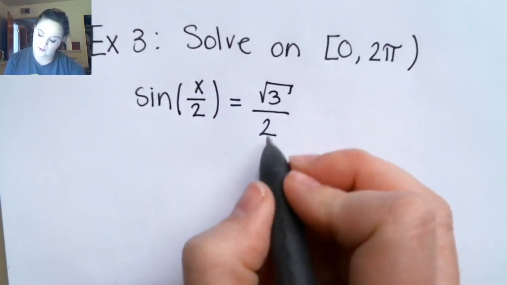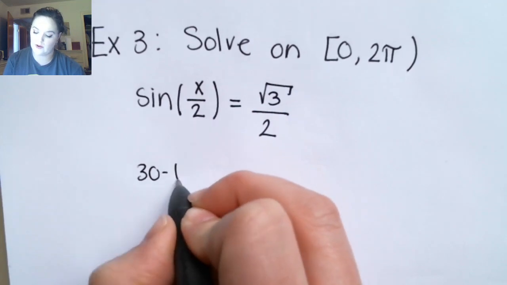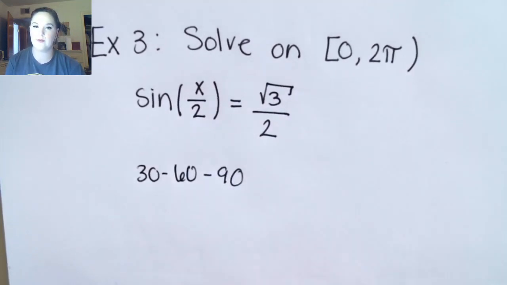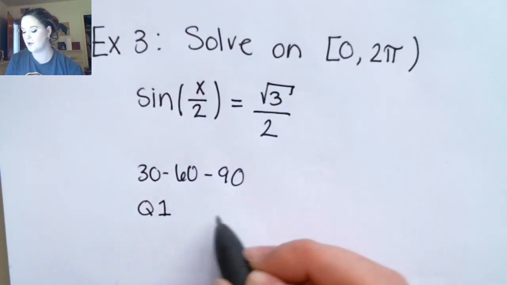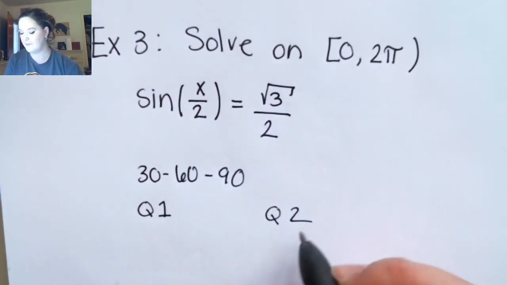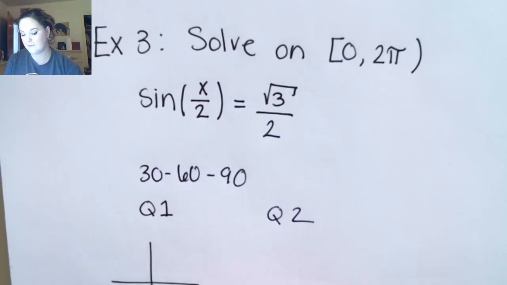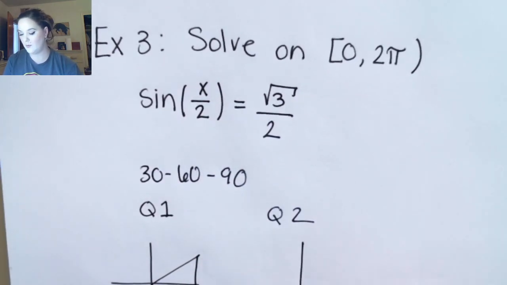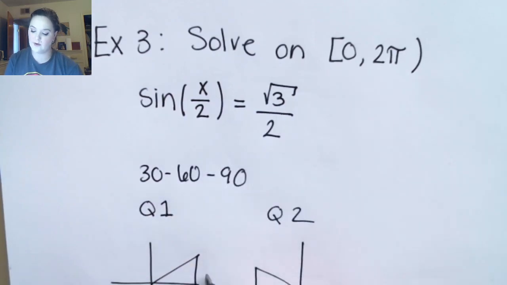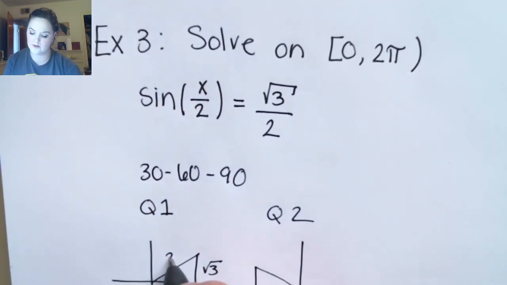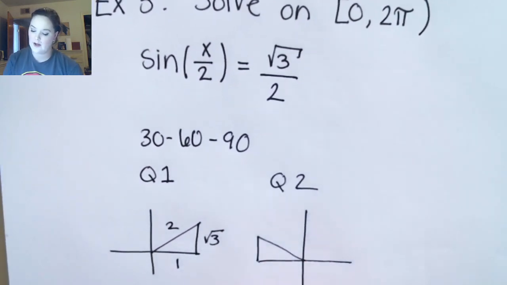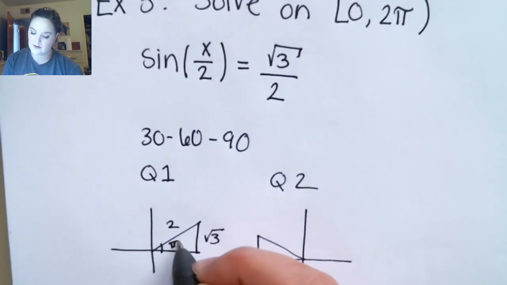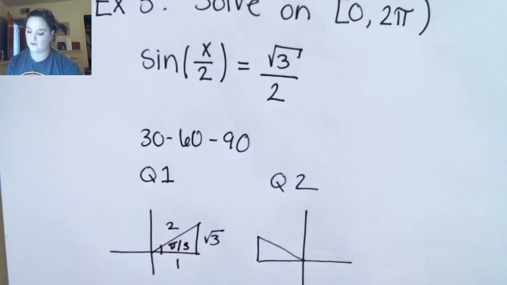Okay. So for root 3 over 2, we know we're talking about a 30, 60, 90 triangle. And when sine is positive, we know we're talking about quadrant 1 and quadrant 2. In quadrant 1, if sine is root 3 over 2, this is root 3, this is 2, that would make this side 1, and that would make this a reference angle of pi over 3, right?